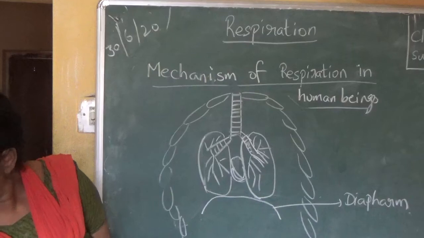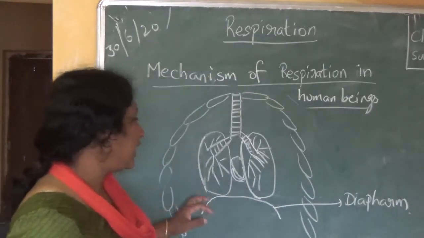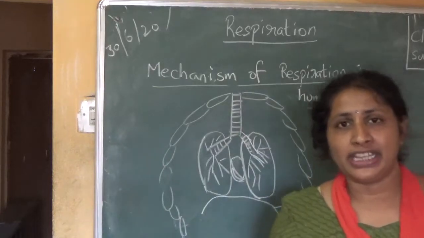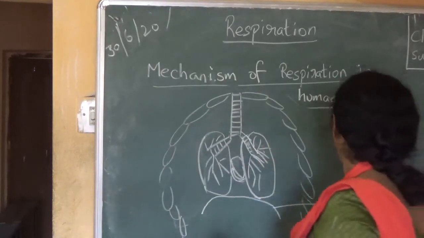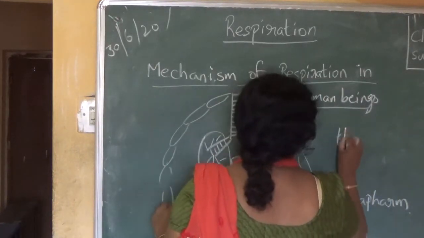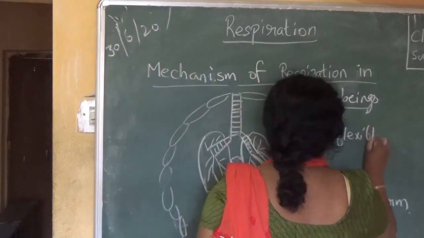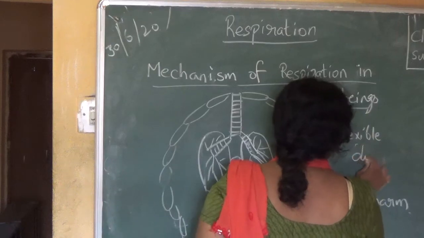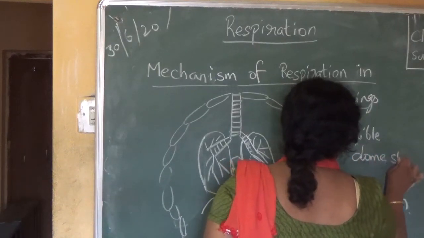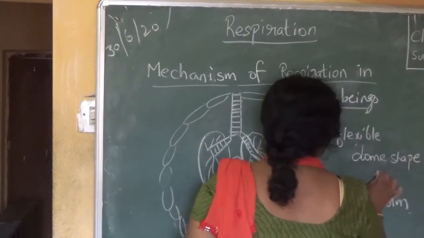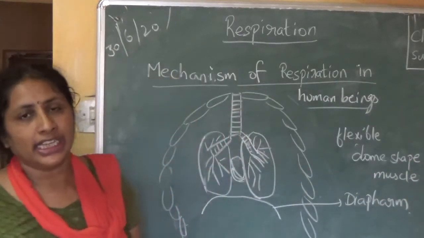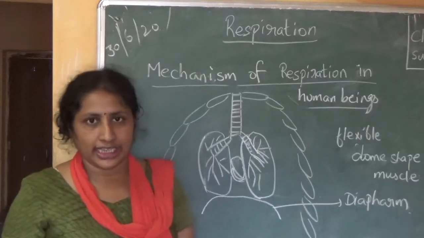Now, the diaphragm is a flattened muscle. It is a flexible, flattened, dome-shaped muscle, which is present below the lungs, at the floor of the lungs.